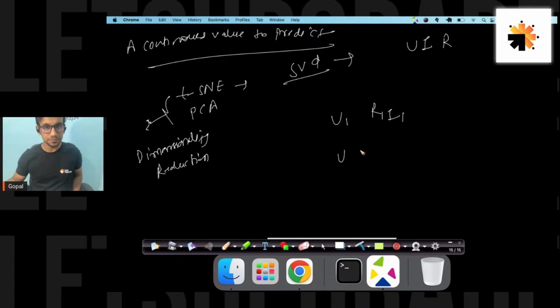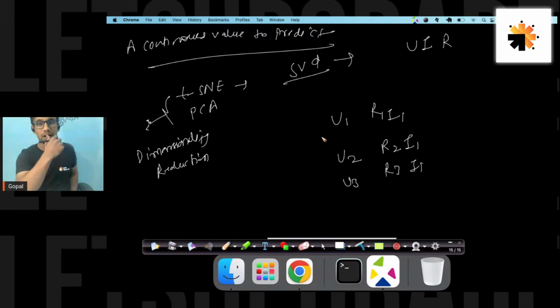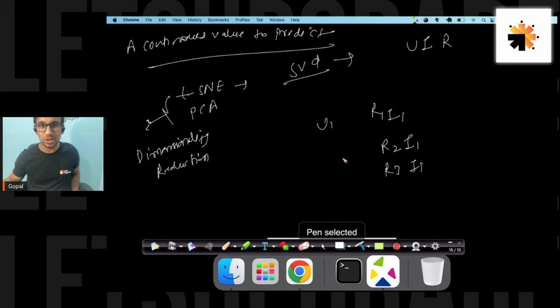Again user 2 came in and gives a second rating on item 1. Again user 3 came in and gives the third rating on item 1 itself. Let's keep them as similar users so it makes sense. Just stick with me based on these.